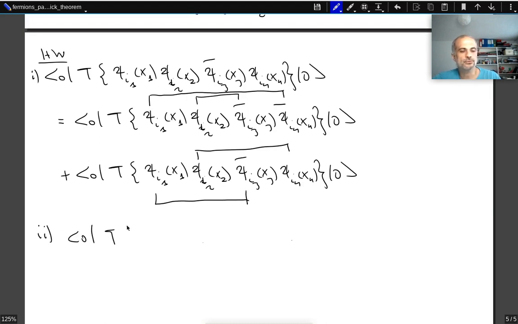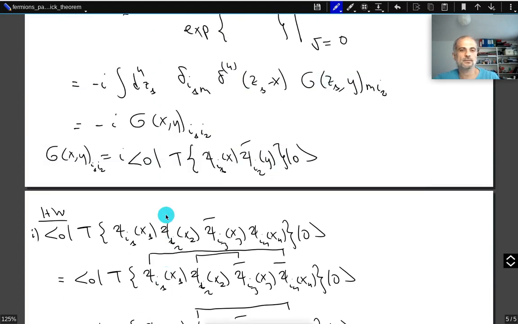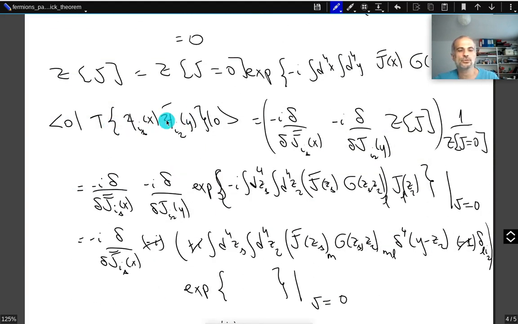well, this is actually kind of trivial. This term is equal to 0, and similarly if they are barred fields. Now the easiest way to see this is if you just go over our previous computation over here.